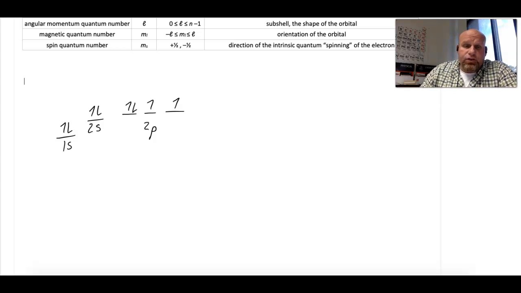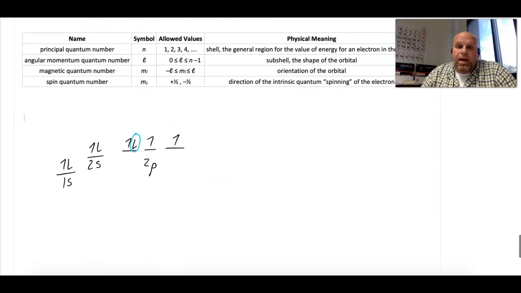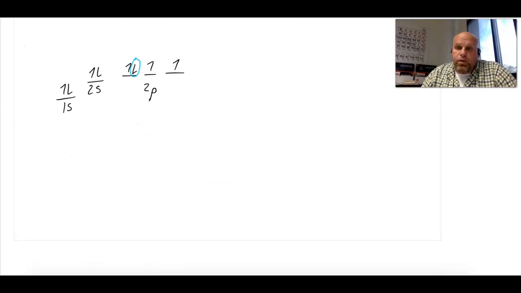I've got 8 electrons described in this orbital diagram. If I just were to pick one, let me say this electron here, and wanted to describe it by listing its four quantum numbers, you list them as they were listed above here, n, l, ml, ms, in that order with a comma between.